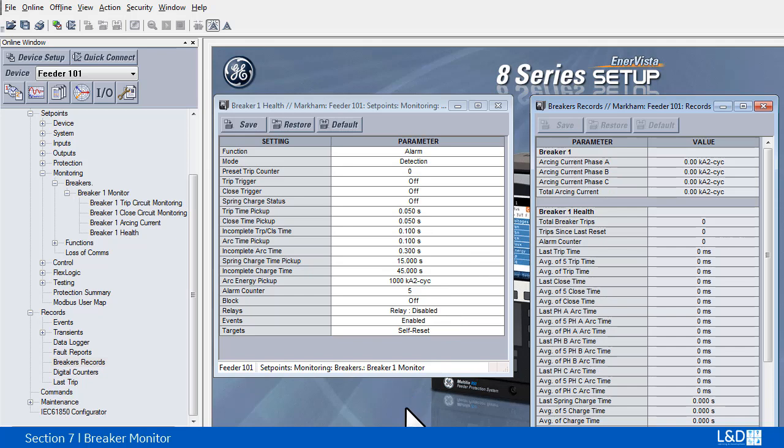The operation count, arcing energy of the breaking current, arcing time, tripping time, closing time, and spring charging time are measured and displayed in this breaker health record report, but the element does not pick up when in detection mode.